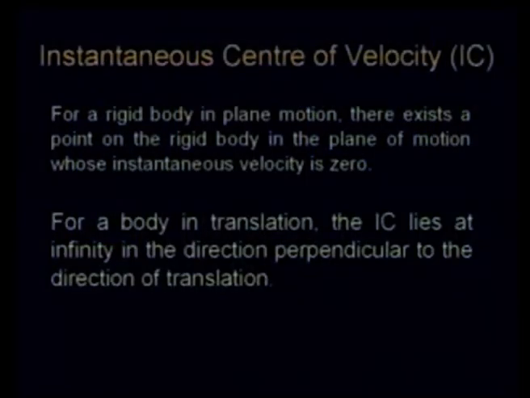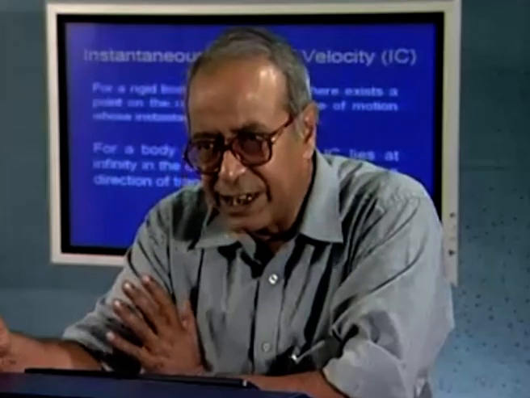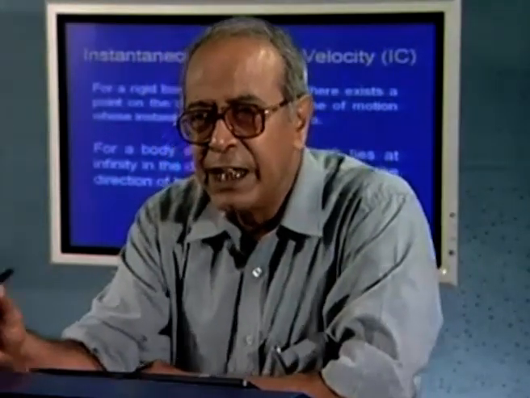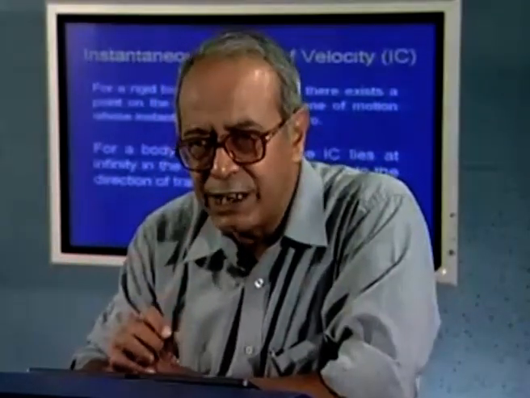In that case, we say that the IC lies at infinity in the direction perpendicular to the direction of translation, just like a prismatic pair we considered as a revolute pair in a direction perpendicular to the direction of sliding. Let me now show that there does exist such a point, which we call the instantaneous center of velocity.